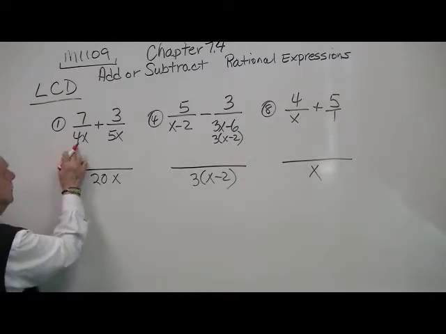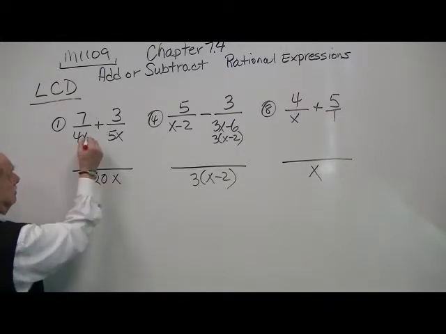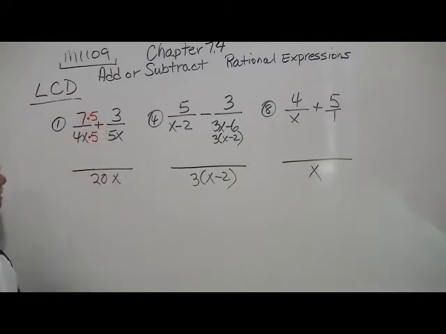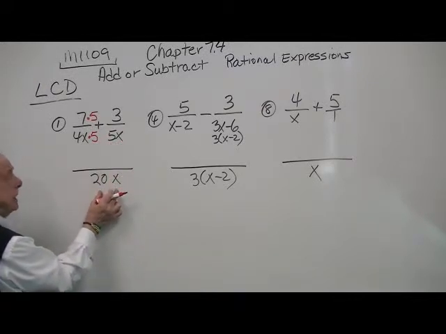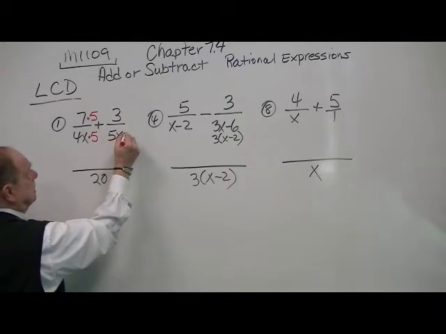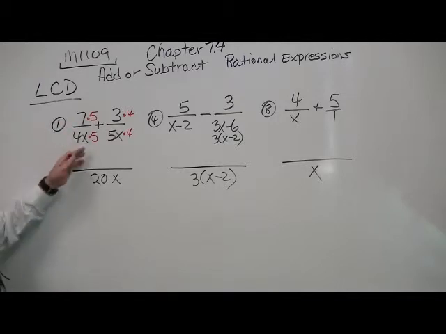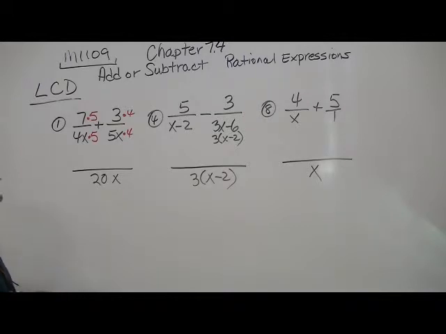What do I have to multiply 4x by to get it to be 20x? Hopefully you said 5. And what do I have to multiply 5x by to get it to be 20x? So again, 5 over 5 is 1, 4 over 4 is 1. We are allowed to multiply anything by 1 without changing its value. Now we're changing the fractions, but they are equivalent.